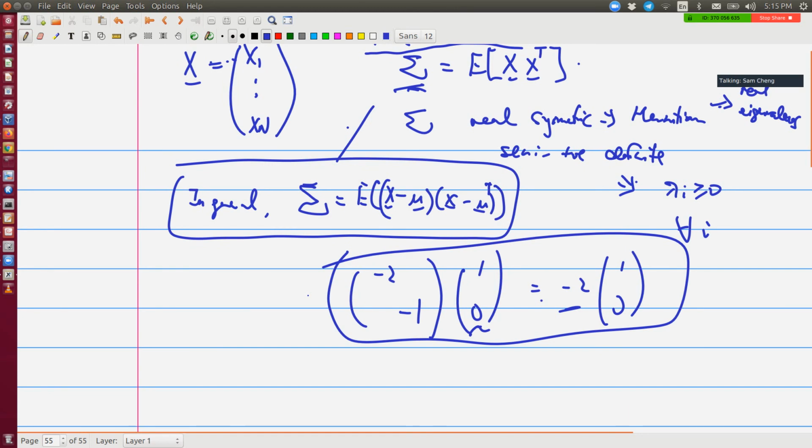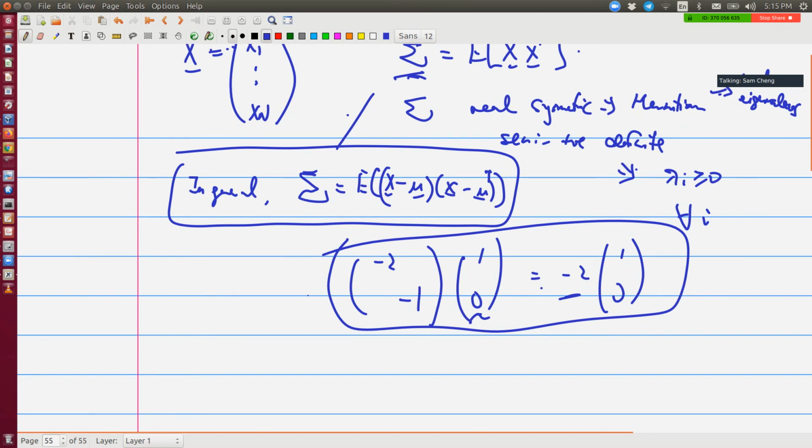Let's say u1 to un are the eigenvectors for sigma.